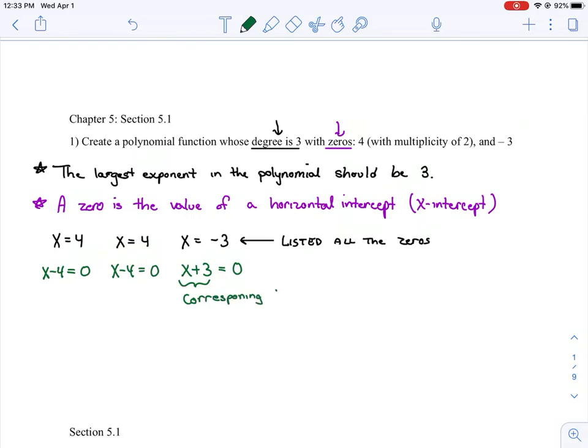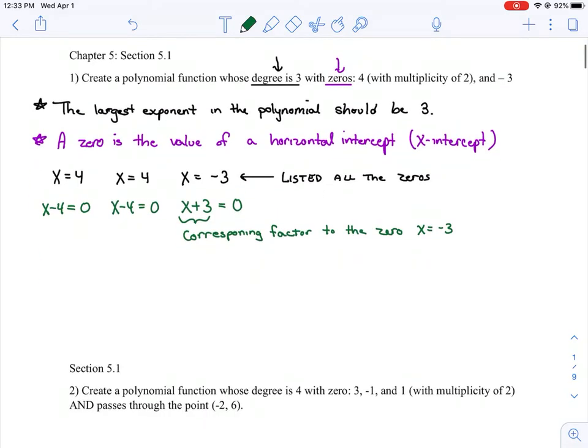This x plus 3 is the corresponding factor to the 0, x is equal to negative 3.